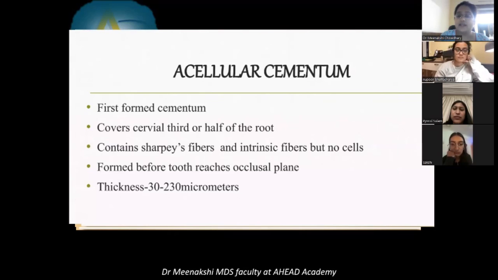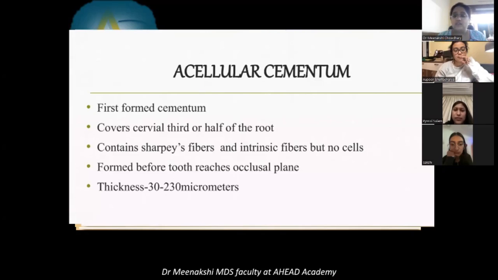It contains Sharpey's fibers, the principal fibers, and cross-linked fibrils, intrinsic fibers with organic matrix, but there will not be any cells. There might be some region of cementoid seen at the end, but you will not see any cementoblasts, cementocytes, or canaliculi. There will be no cells. That's why it is acellular cementum.